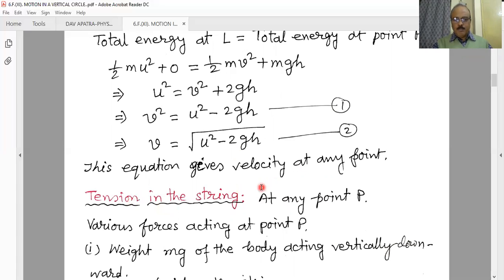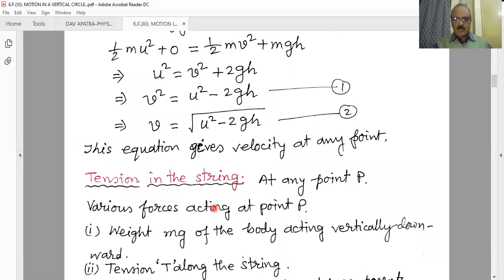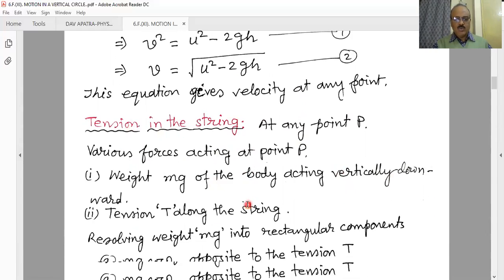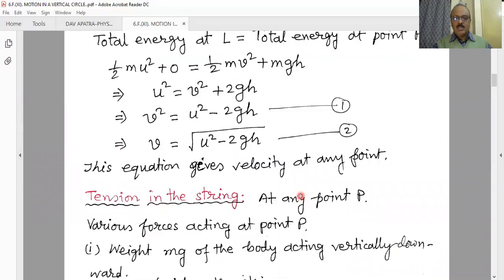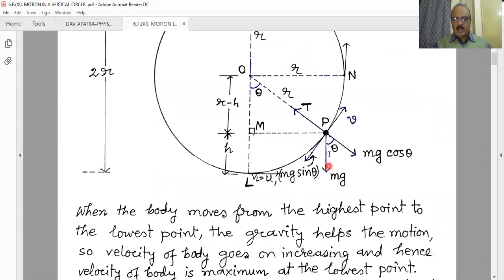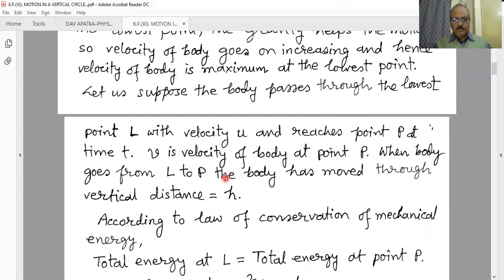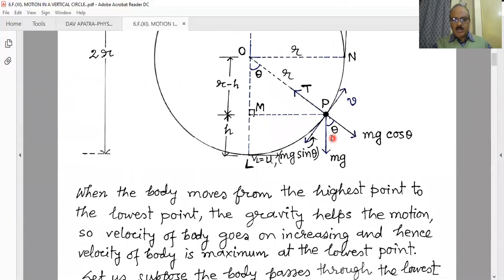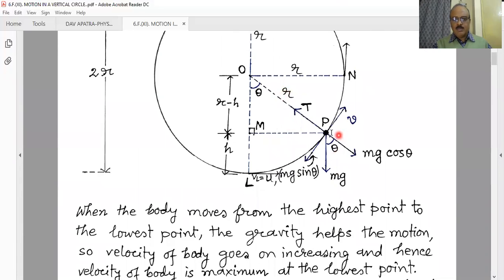Tension in the string. At point P, the various forces acting are the weight mg of the body acting vertically downwards, and the tension T along the string. Here there are two forces: mg always acting vertically downwards, and tension T that is acting toward the point of suspension, that is toward the center of the circular path. Now what is the position of the point P?